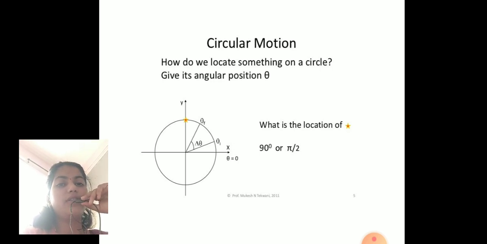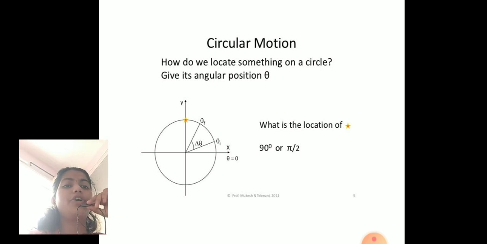Theta looks like a 0 with a line dividing it through the center. So the angular position in circular motion is known as theta.